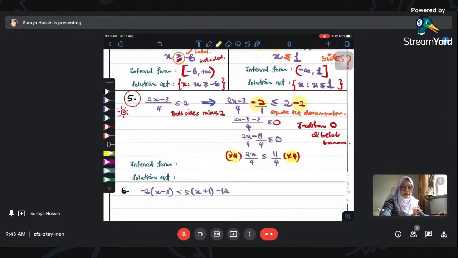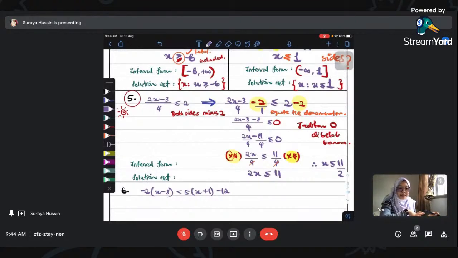Sebab apa nak multiply both side dengan nombor 4? Sebab you want to eliminate the number 4 there. You nak hilangkan number 4 there. And you will get 2x less than or equal to 11. And so your final answer is x less than or equal to 11 over 2.